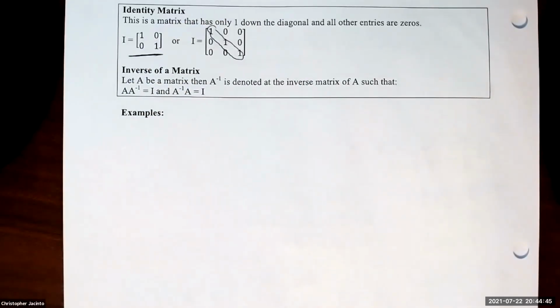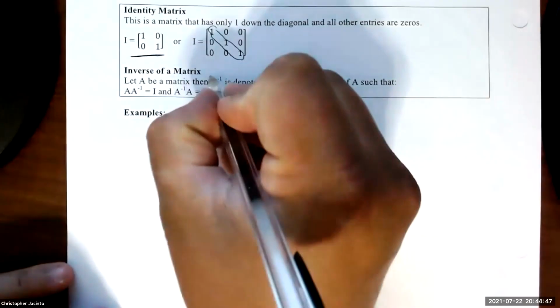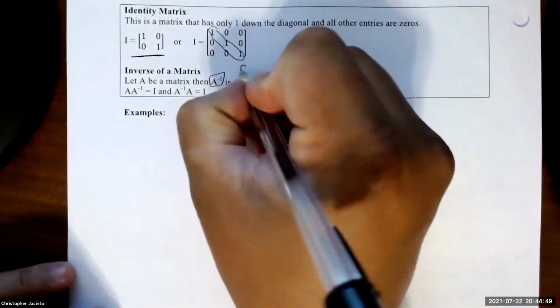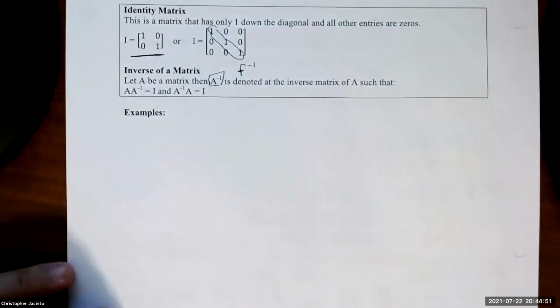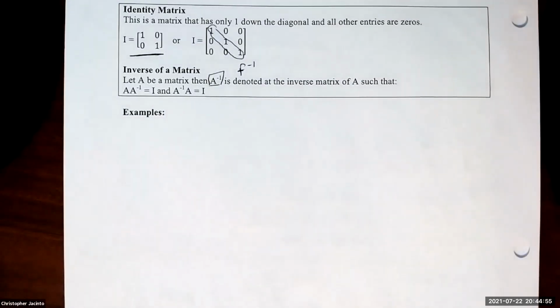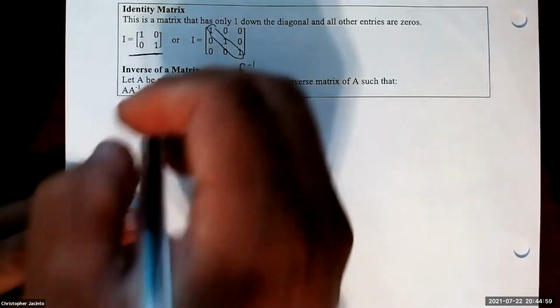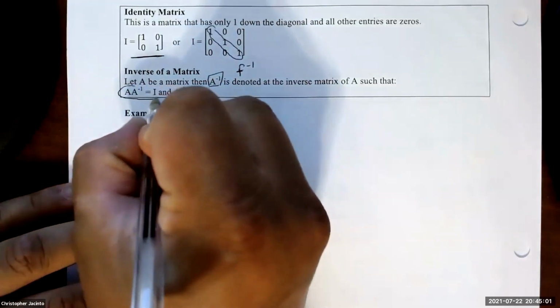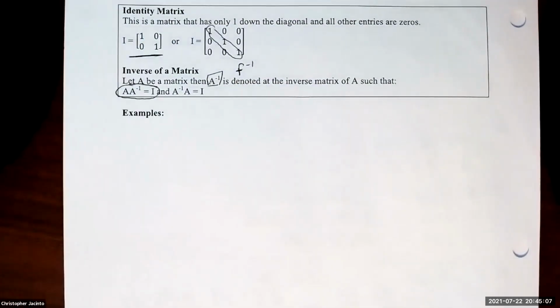Let A be a matrix. Then A with a -1 is the notation for the inverse of A. It's not a negative power, it's just notation. The key thing with inverses is that if you multiply A times its inverse, you get the identity matrix back.